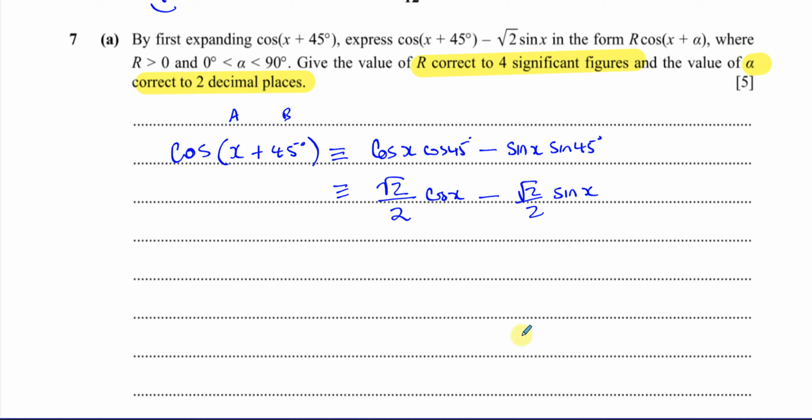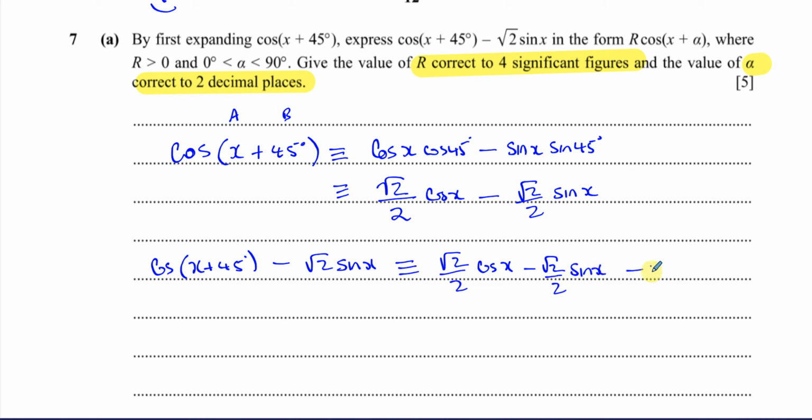So we've written this out now in this form. It says express cosine of x plus 45 minus root 2 sine x in this form. So we have cosine of x plus 45 minus root 2 times sine of x. Now we can say this is equal to root 2 over 2 cosine x minus root 2 over 2 sine x minus root 2 sine x.